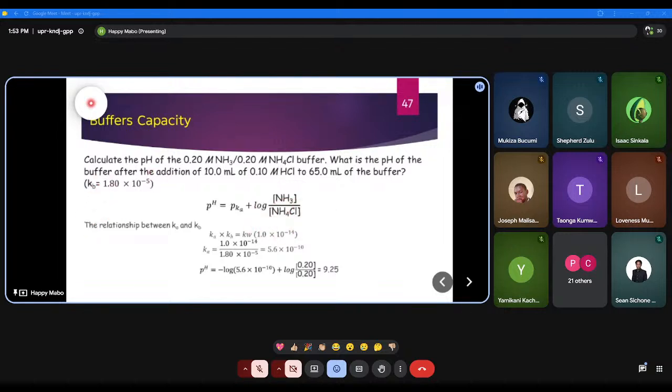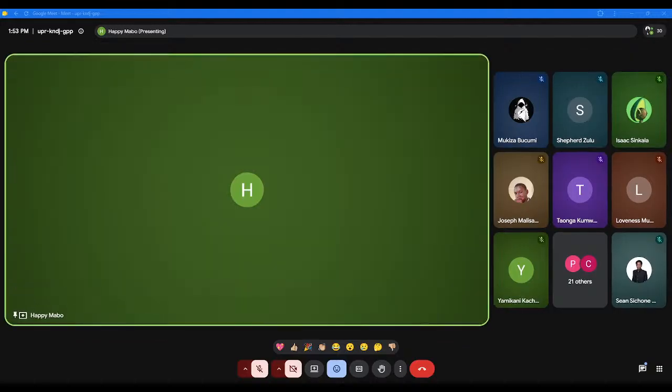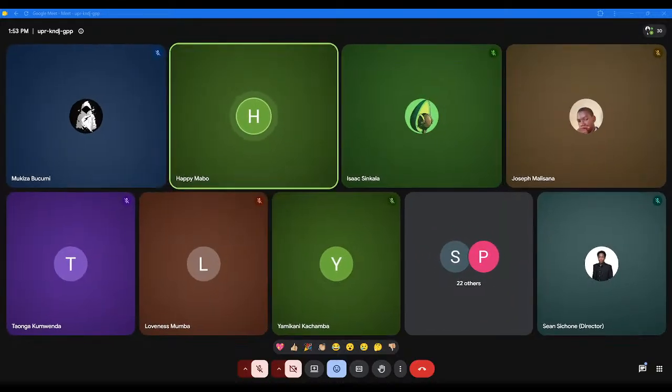So in the question, you have been given the Kb value. So you will need to find the Ka value. The Kb value is given, but you do not have the Ka value for you to use in this particular equation. So the relationship between Kb and Ka is that you have to multiply Ka and Kb to get the Kw.